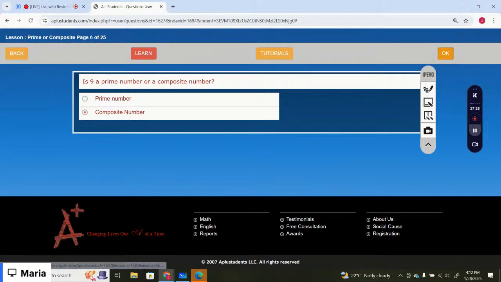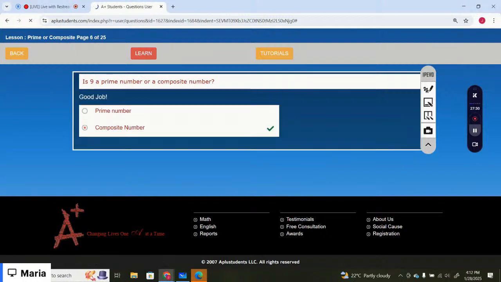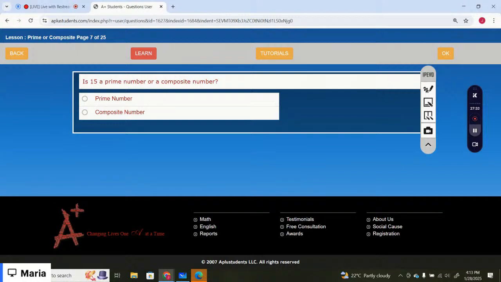Option 2 is the correct option. Is 15 a prime number or a composite number? 15 is a composite number.